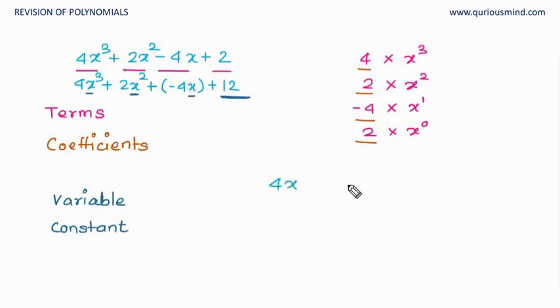Now we have many polynomials. 4x is also a polynomial. 4x square plus 12 is also a polynomial. And similarly, 12 also is a polynomial. Now, the 12 is called a constant polynomial, because in this polynomial there is no variable term.